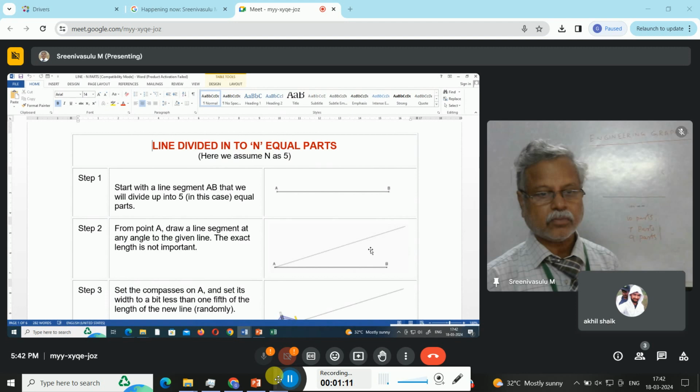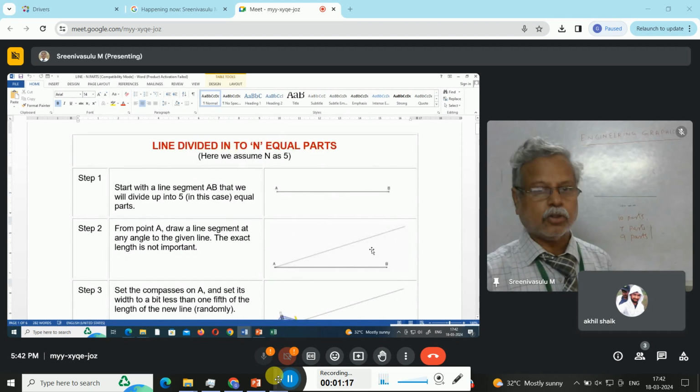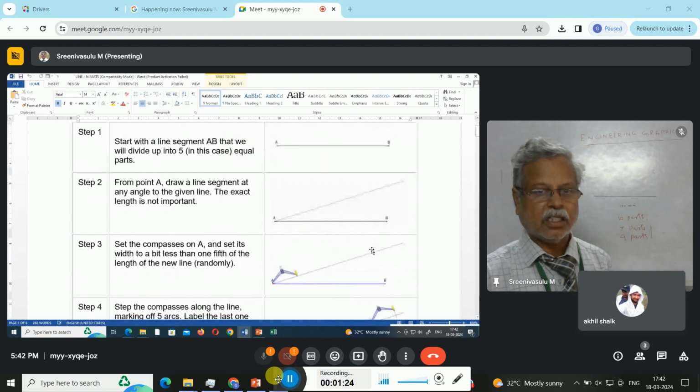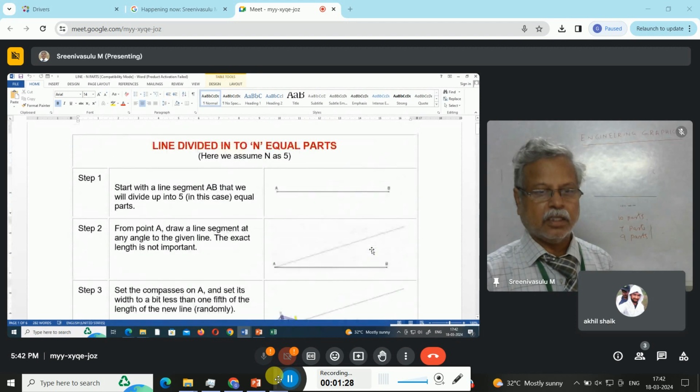So in that case, how do we go about it? To handle that situation, in engineering drawing there is a method that has been shown for us, in simple 6 steps.